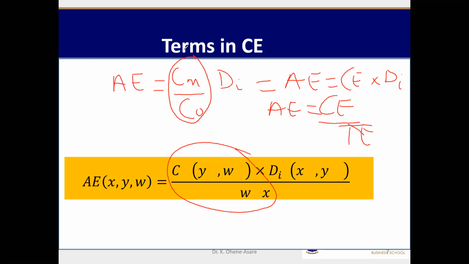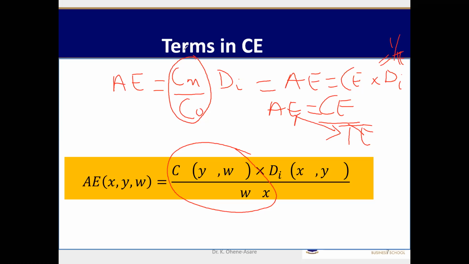Because the D here is a distance function. The D itself is equal to 1 over T, the technical efficiency. And so if we are to make it technical, that is how it becomes. And so when you cross multiply, you will now appreciate that the cost efficiency is allocative times the technical.